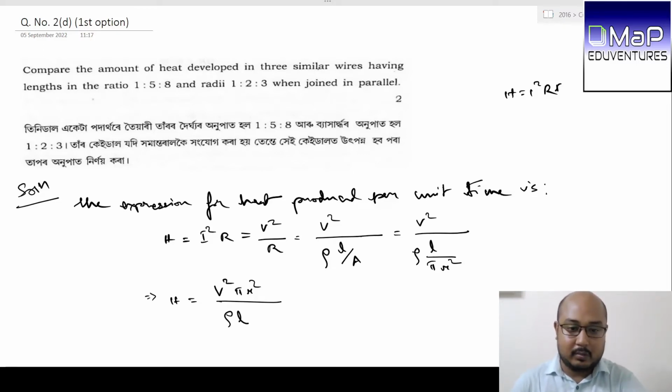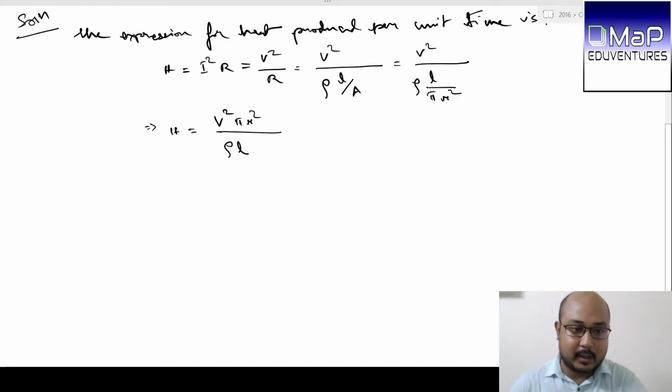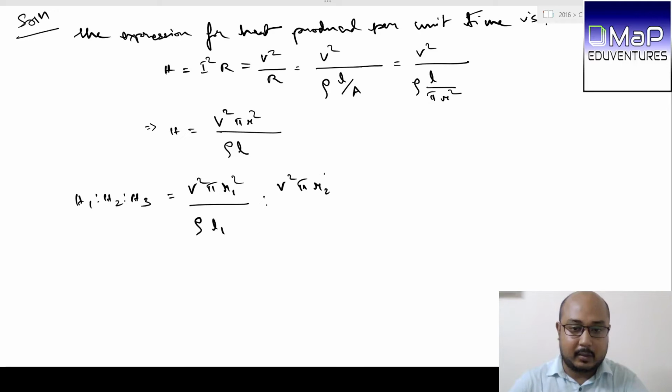Okay, so now since the resistance of the three wires will change, suppose the heat produced in the 3 wires are in a ratio H1 to H2 to H3. This is V square pi R1 square by rho L1, V square pi R2 square by rho L2, and V square pi R3 square by rho L3.